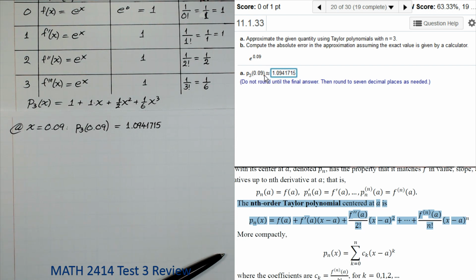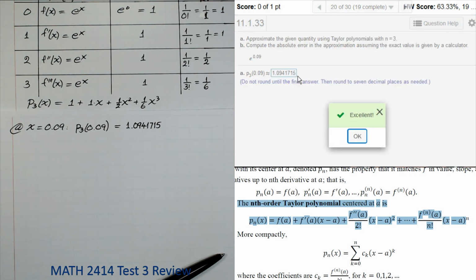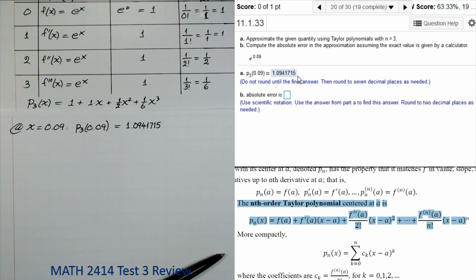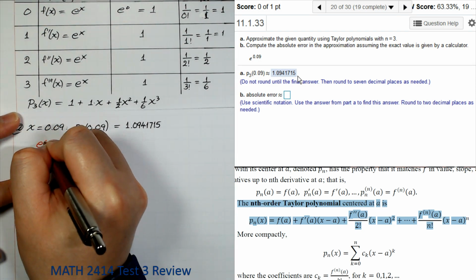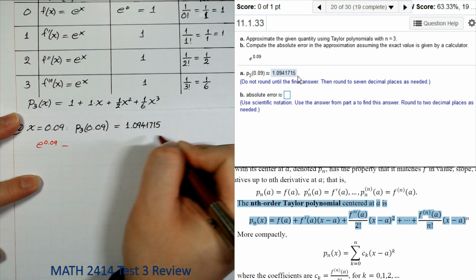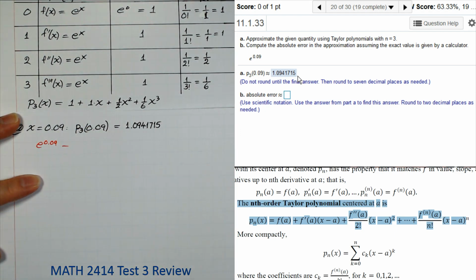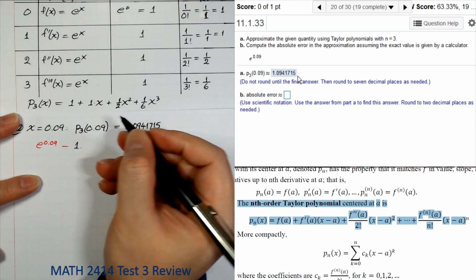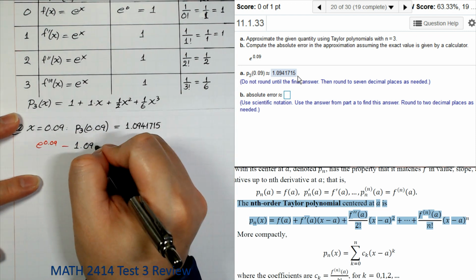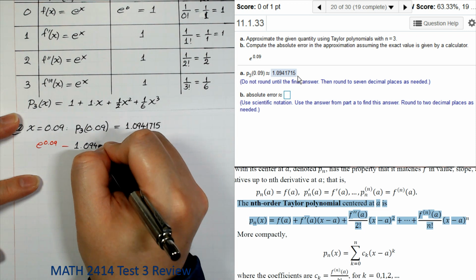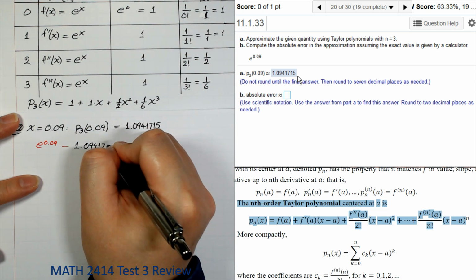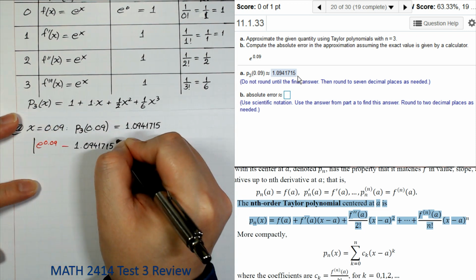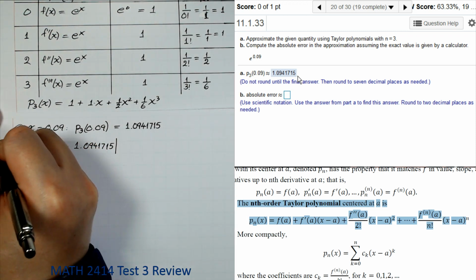How many decimal places? 1, 2, 3, 4, 5, 6, 7. Right, we have 7. Good. Absolute error: we're going to take the actual value, subtract this, and take the absolute value, that is the absolute error.